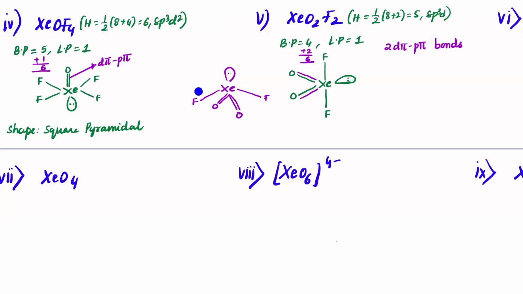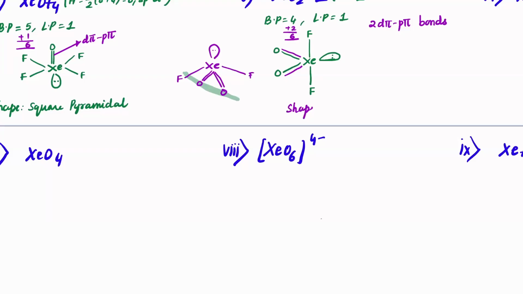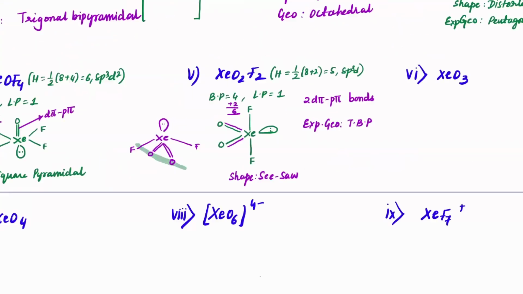If I put some kind of a plane here like this, on this plane you will have this oxygen and oxygen, and these two will be like a seesaw. Hence, we can say the shape would be like a seesaw. Okay, expected geometry was trigonal bipyramidal, TBP, but the shape is seesaw. All good.